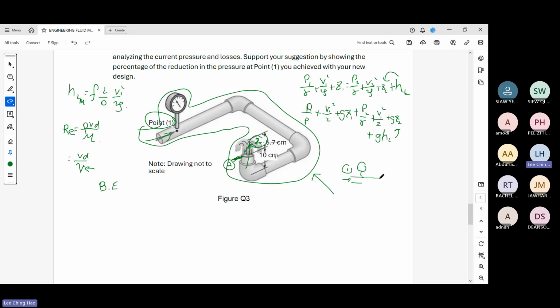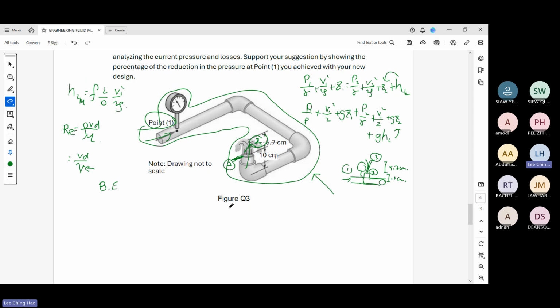Then it goes, comes here, goes back, and then goes up here. This is 0.2, this is 0.3, and here is 10 cm, here is 5.7 cm. So we have 3 points.